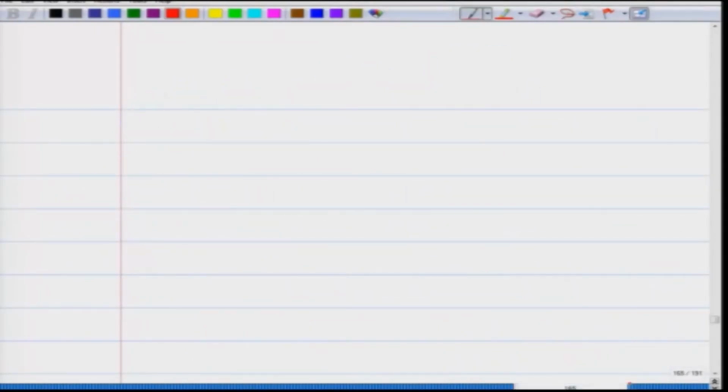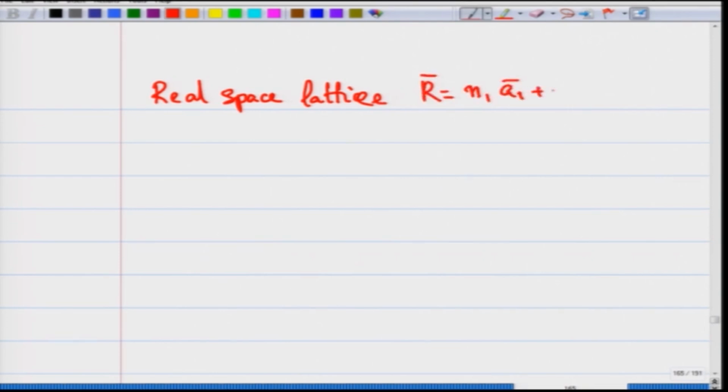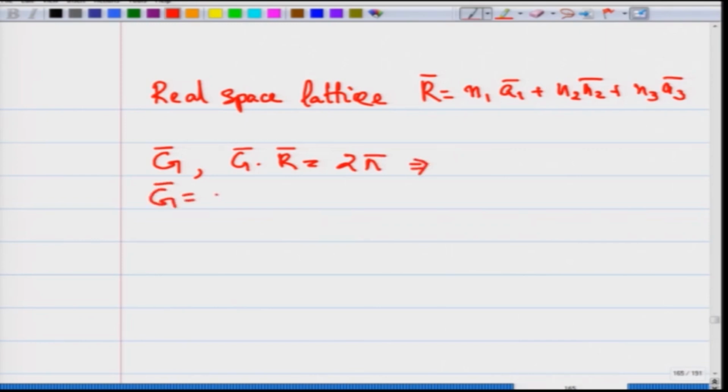So corresponding to any real space lattice which is generated by the translation vector N1 A1 plus N2 A2 plus N3 A3, one can find another lattice where G bar dot R bar is equal to 2 pi, and this G is written as H times G1 plus K times G2 plus L times G3.